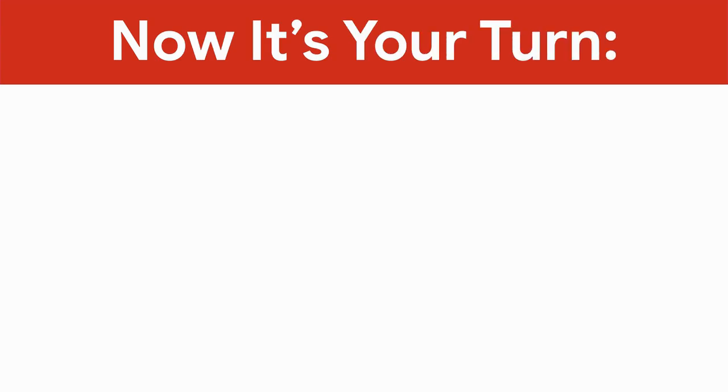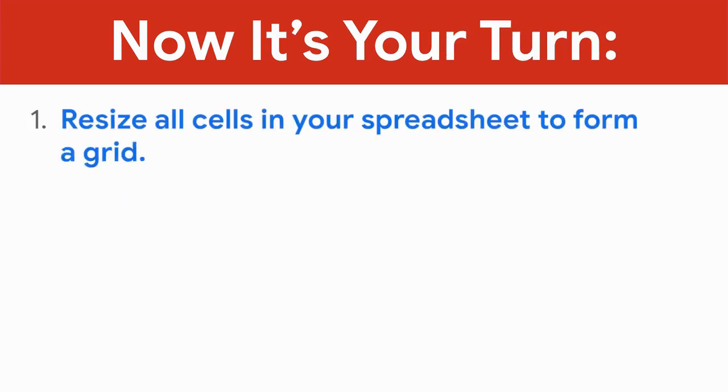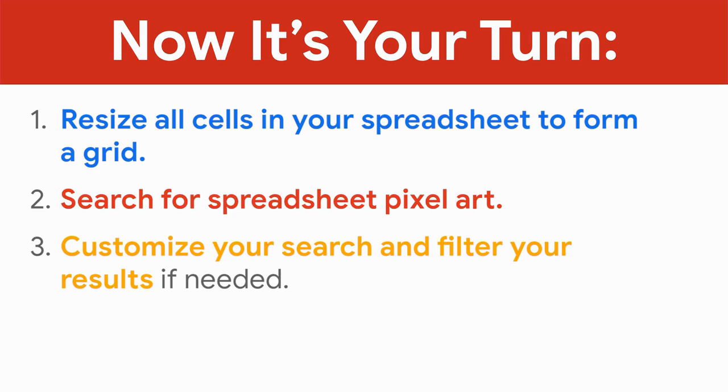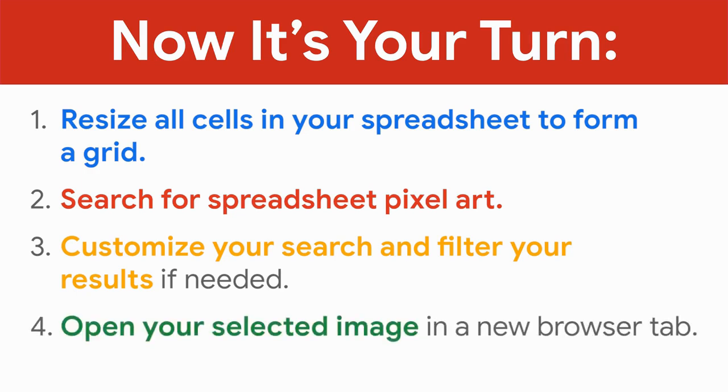Now, it's your turn. Resize all cells in your spreadsheet to form a grid. Search for spreadsheet pixel art, customize your search and filter your results if needed, and open your selected image in a new browser tab.